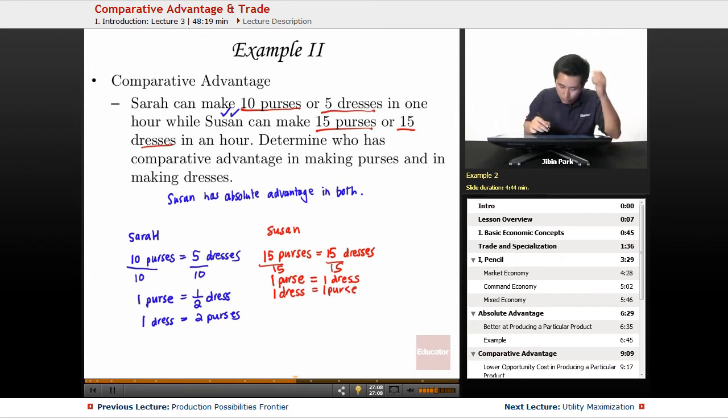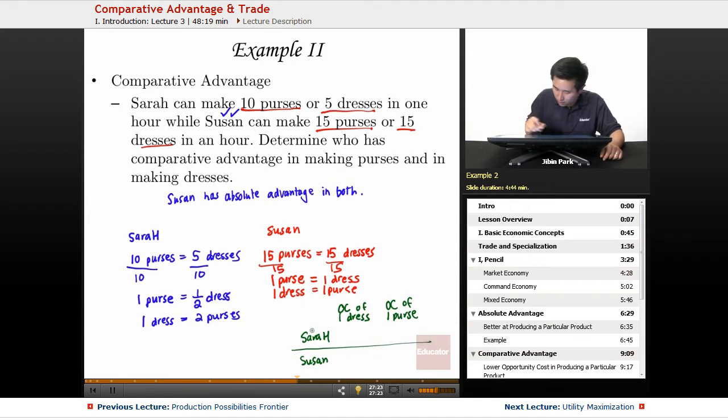So again, you set this equation up here. So the opportunity cost of 1 dress and the opportunity cost of 1 purse. And you have Sarah and you have Susan. And now you're just filling in the columns right here.